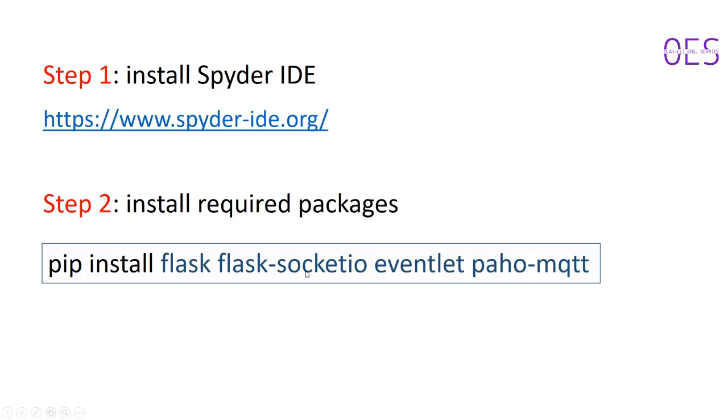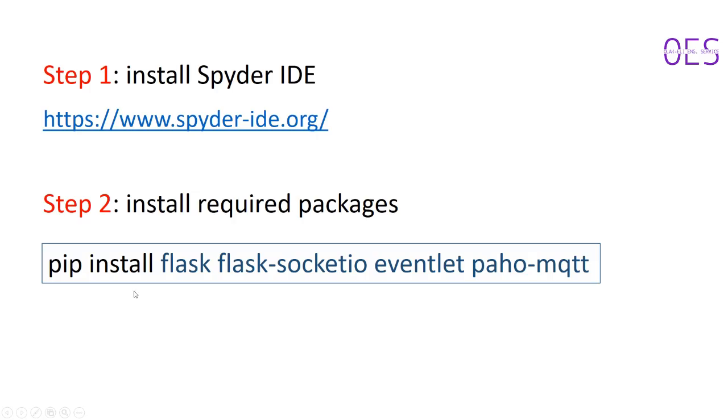This is going to help us create a web socket that manages communication between the web server and each device that connects to the website. Then we have eventlet, which also helps us manage the IO communication. Then we have Paho MQTT, which is an MQTT client library that we need to install into our Python environment.